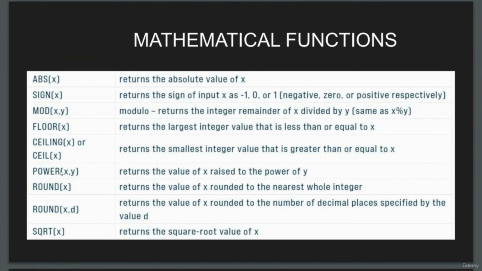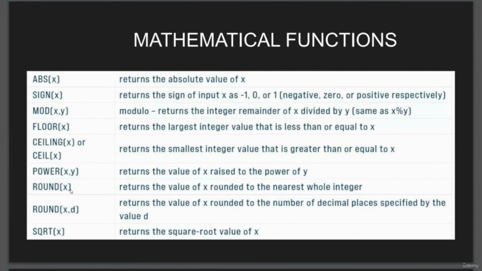Then we have POWER x comma y, which returns the value of x raised to the power of y. Let me give one good example. Suppose x is 2 and y is 3. So 2 to the power 3 will be 8.